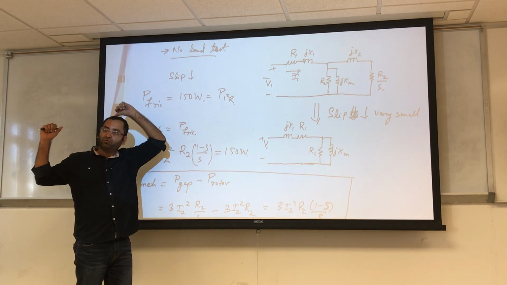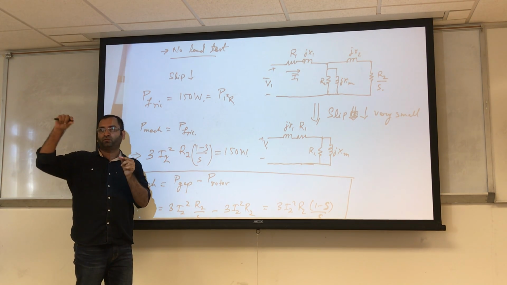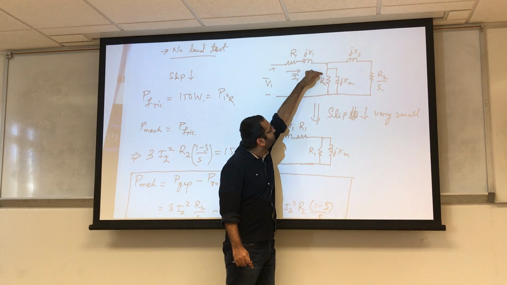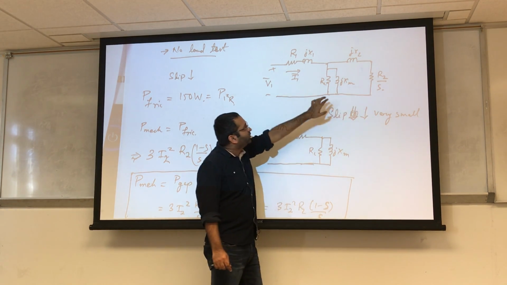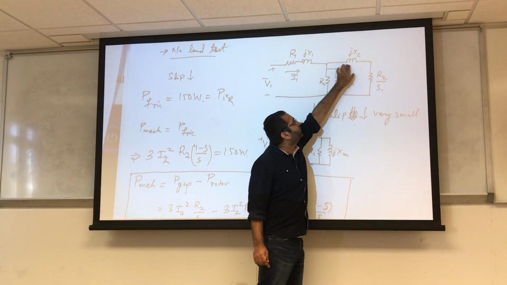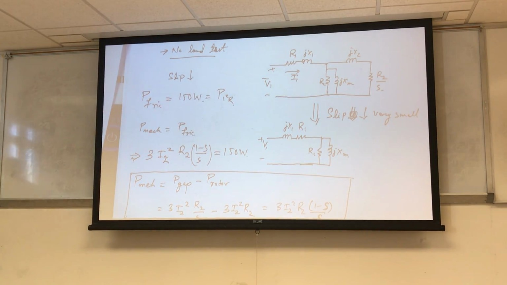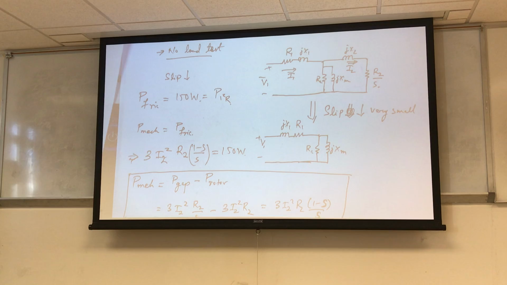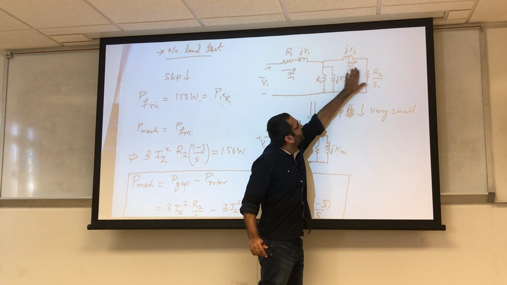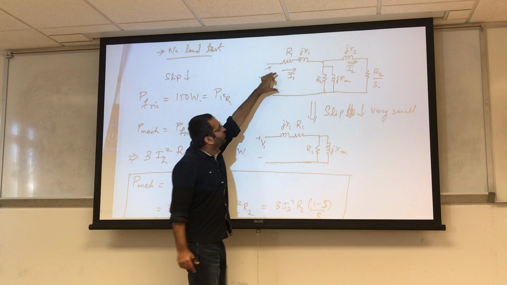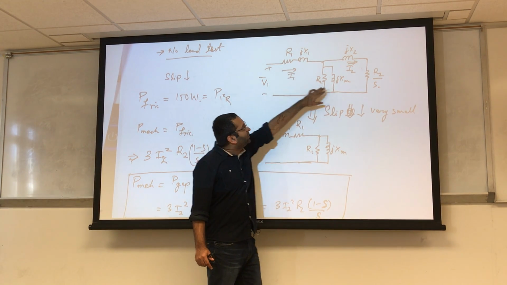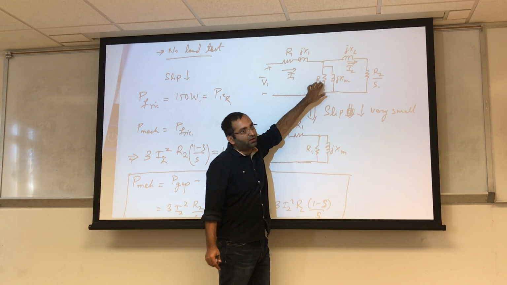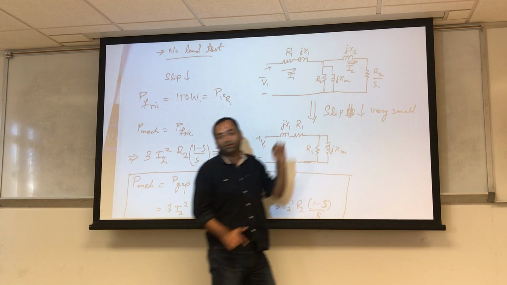Anyone has a question on the current division rule? How do you divide a current when you have two resistances? It's simple. If you have a current input, you know that the current is divided into two parts. If you want to find the current through this inductor, which I write as I2, you take this current, multiply with the other impedance, so multiply this I1 with the other impedance, over the sum of both impedances.